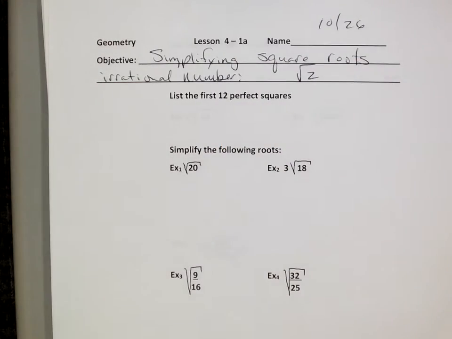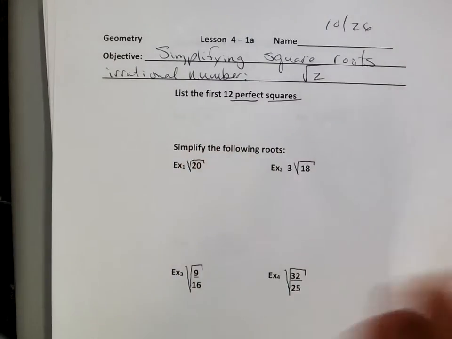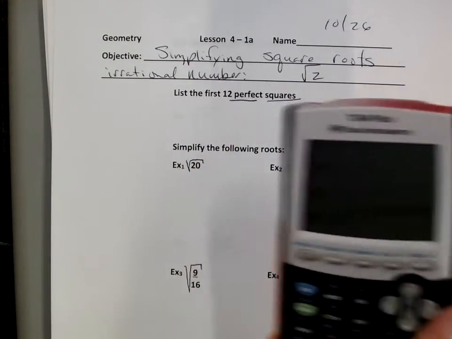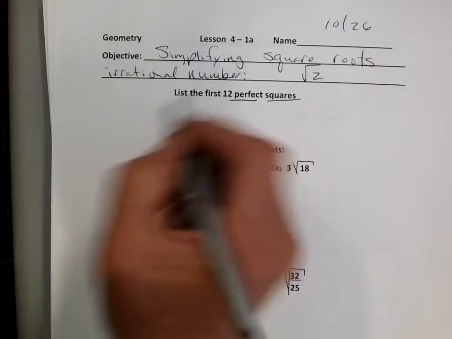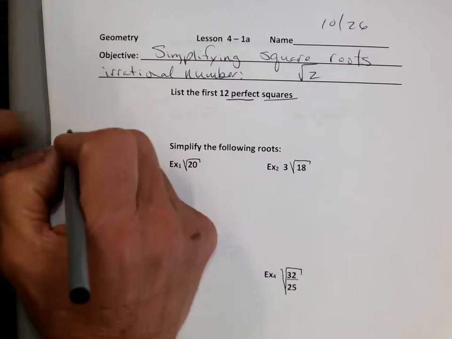So what we want to do is take a look at what we call our first perfect squares. A perfect square is a number that has a square root, like 4. Well, obviously 1, and you can say 0 also. But let's start with 0, 1.